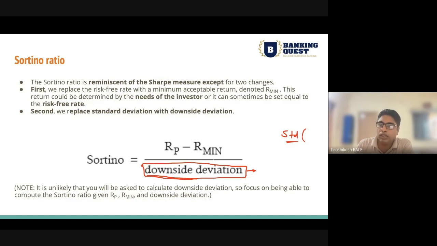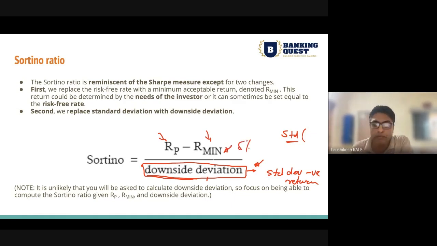Why? Because if you are getting excess return, why should it be a risk? So only standard deviation with negative returns is downside deviation, and return of portfolio minus minimum return, or how much is the minimum acceptable return. I want a minimum 5% return. That is the minimum acceptable return which you want.